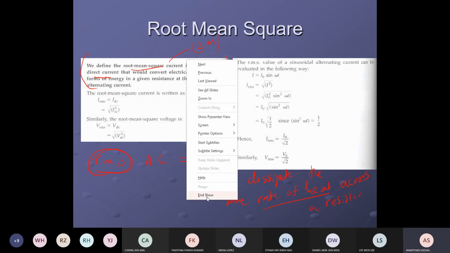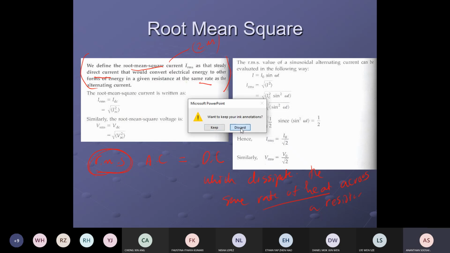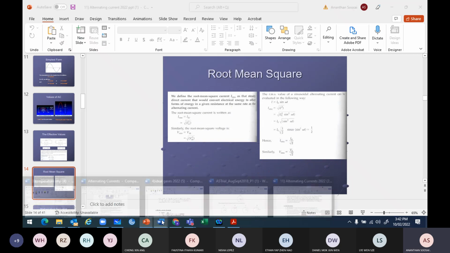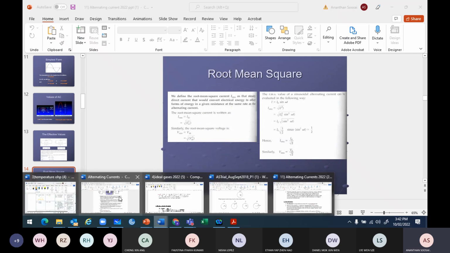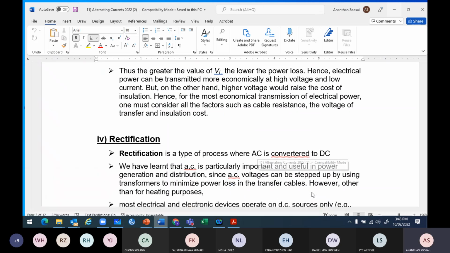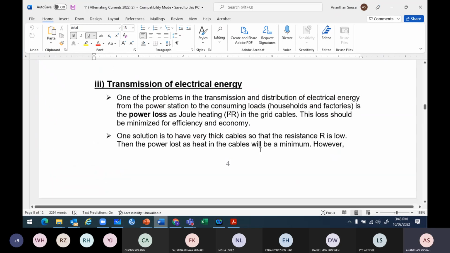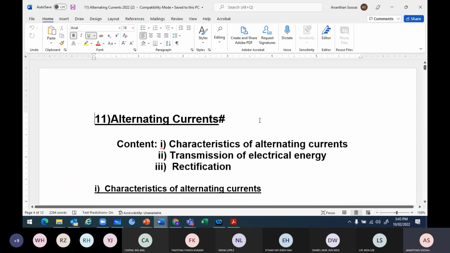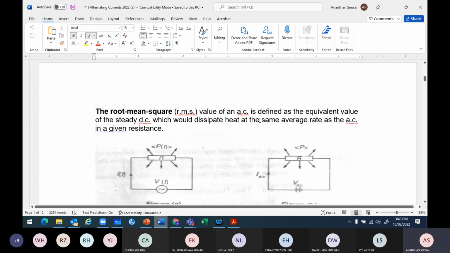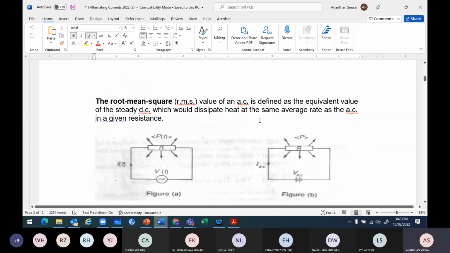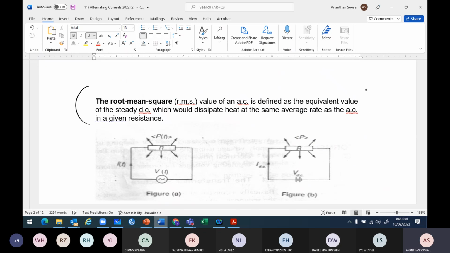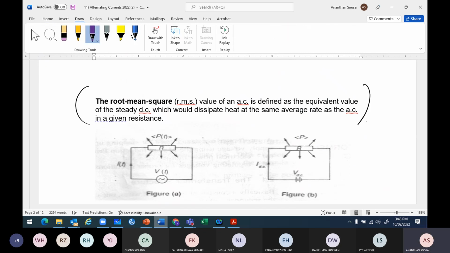To make it easier, let me go to the Word file. You can see the definition quite clearly. This is your definition of root mean square, worth recalling. What is the root mean square value?